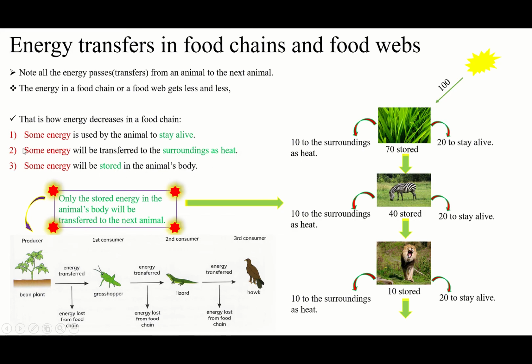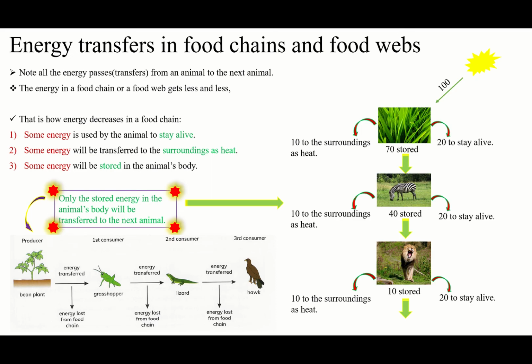It means one part will transfer to the next animal. Two parts are going to be used by the animal and also the environment. That's it. If you look here, it's so clear to understand. The sun is going to give 100, let's say like this. We have to say 100 joule because it's energy, but let's say 100 to understand.